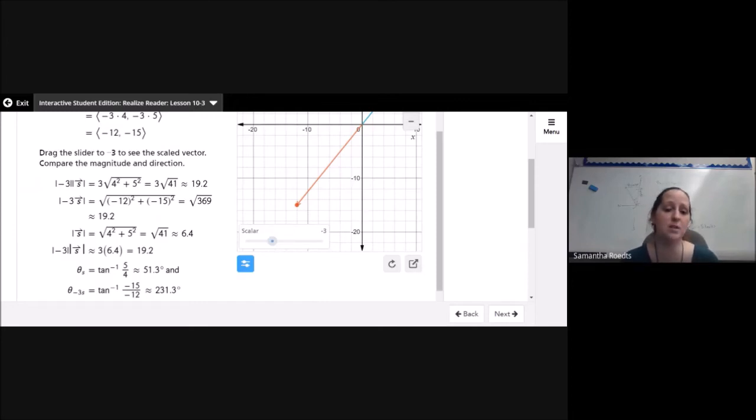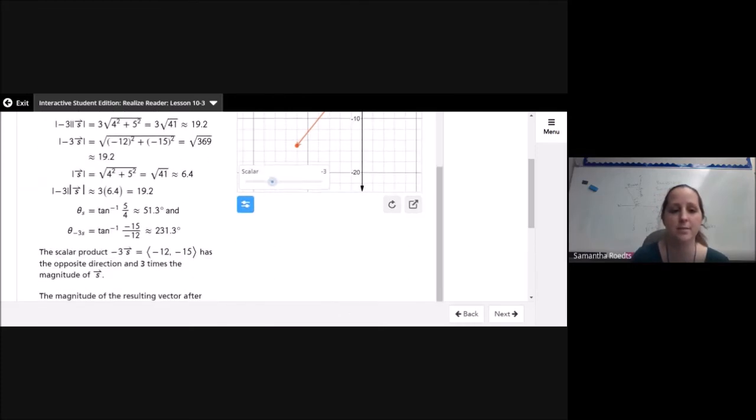So I'm still going to take the inverse tangent. It's going to be the exact same whether I use the original components or the components that have been multiplied by the scalar. So in this case, 5/4 gives 51.3. And these are both negative, so I get 231.3.